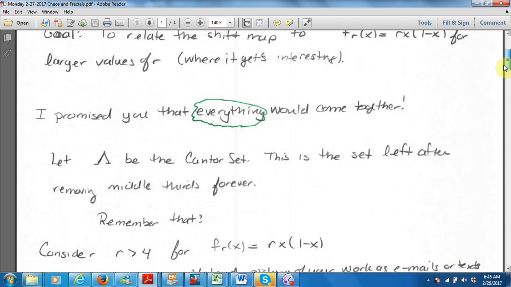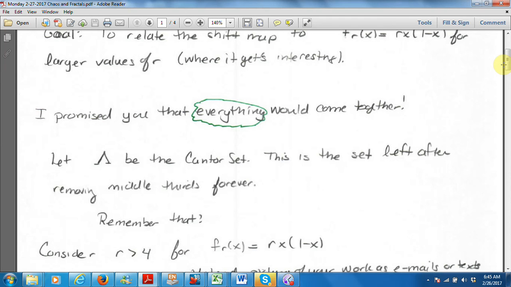Remember the Cantor set? The Cantor set is what I started out with in the term. It was this set where you took the unit interval and plucked out the middle third. You were left with two little sticks. You plucked out their middle thirds, so for each little stick, you kept plucking thirds, and you did this forever. Some people call it Cantor dust.